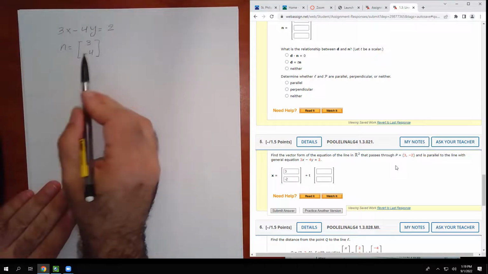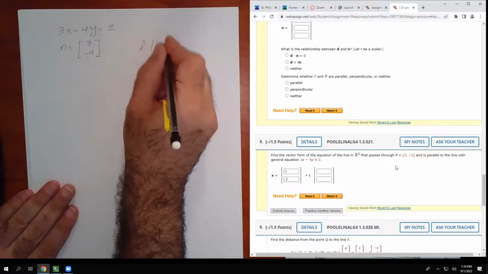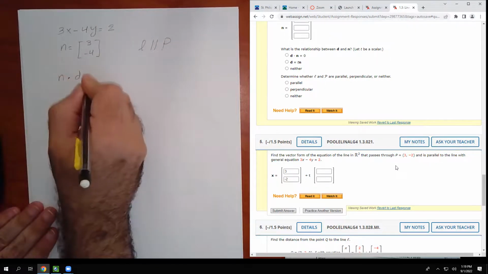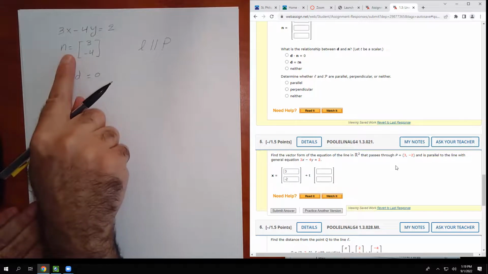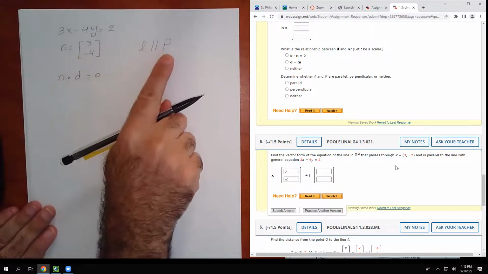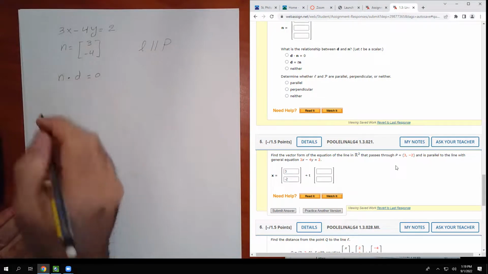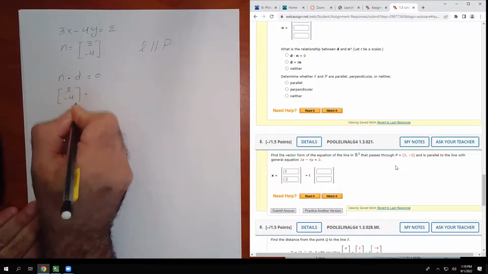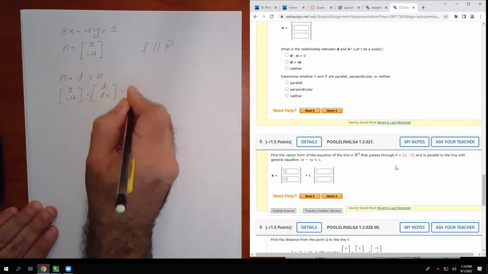Since the line is parallel to the plane, that means N times the direction vector is going to be equal to 0. So the normal vector 3, -4 times the direction vector, say d1, d2, equals 0.